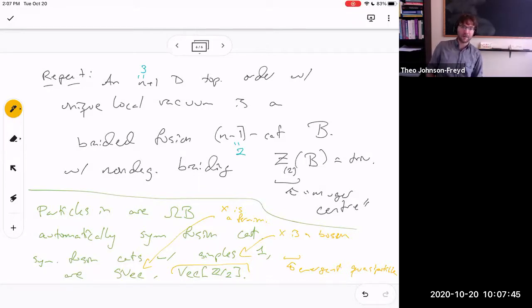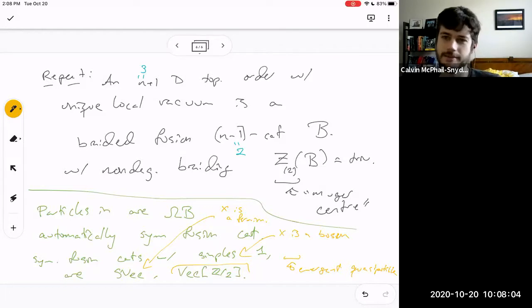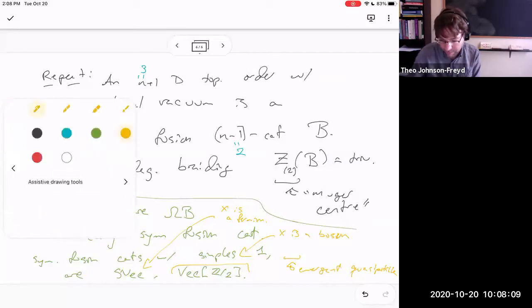But what I'm ultimately interested in classifying are braided fusion 2 categories. And anytime I have a braided fusion 2 category, one of the things I can do with it is to look at the symmetric fusion 1 category of endomorphisms of the unit object. So you're saying, as a first step to classifying these 2 categories, you can just look at that one category. Okay.